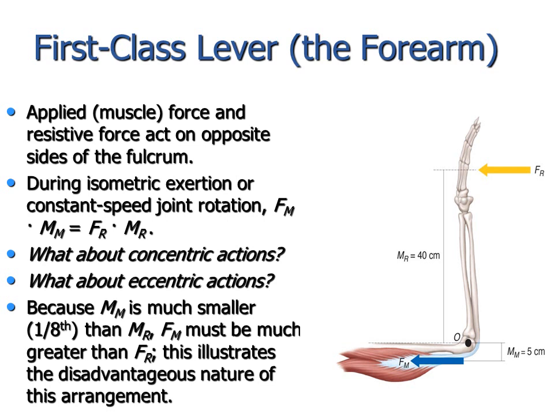What would happen if the product of the resistive force times the resisted moment arm was greater than the product of the muscle force times the moment arm of action of the muscle force? Well, then the applied forces, which are the forces applied by you, the doctor, would be greater than the forces applied by the examinee.